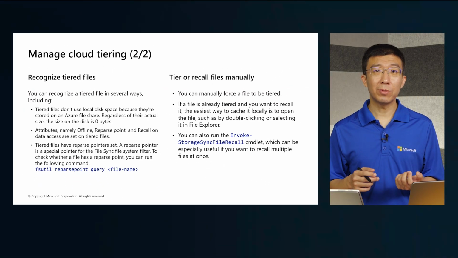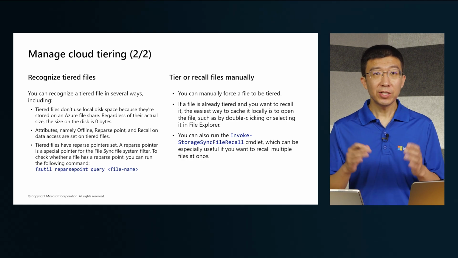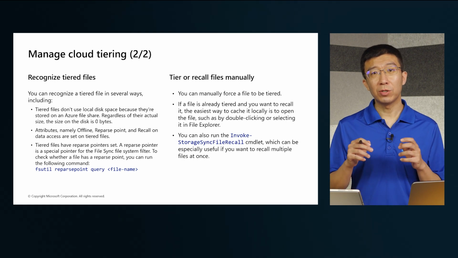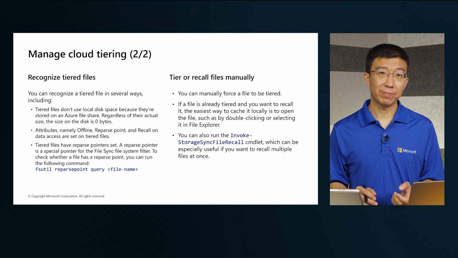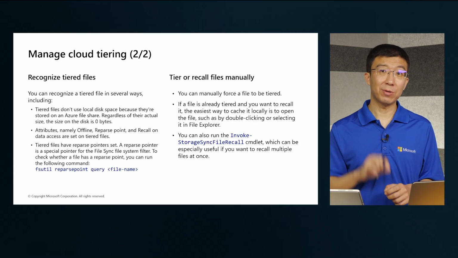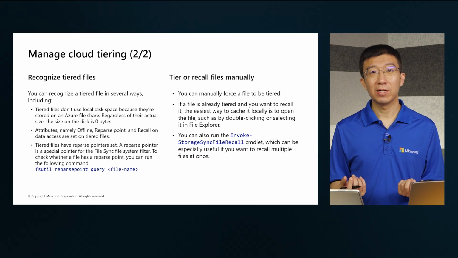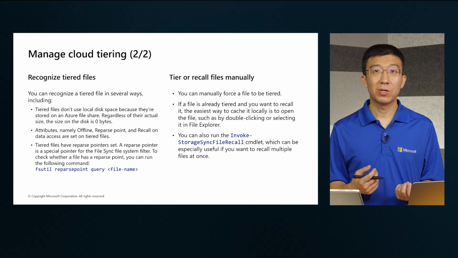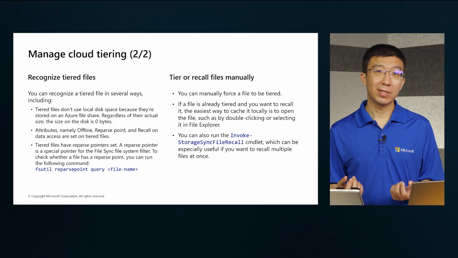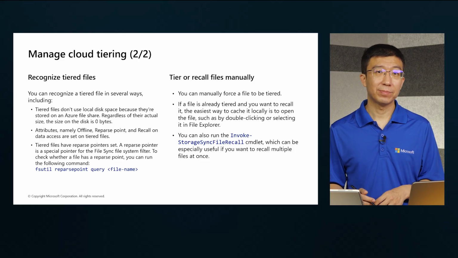How can you recognize tiered files? Tiered files don't use local disk space. Their size on disk is 0 bytes. They have attributes like offline, reparse point, and recall on data access.